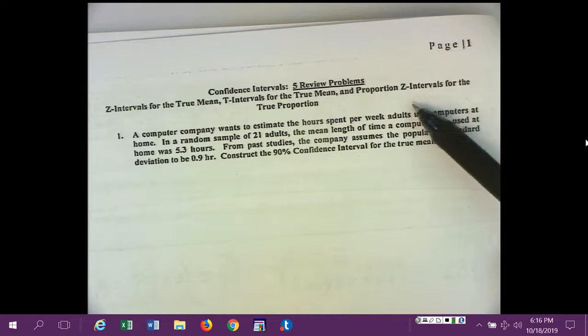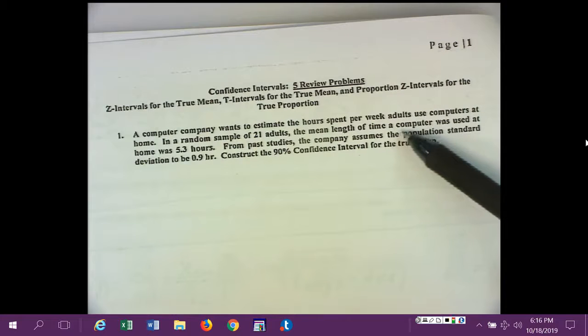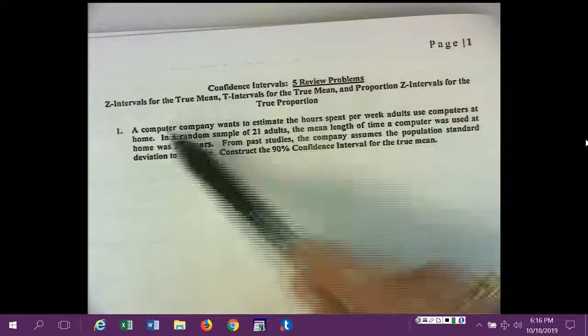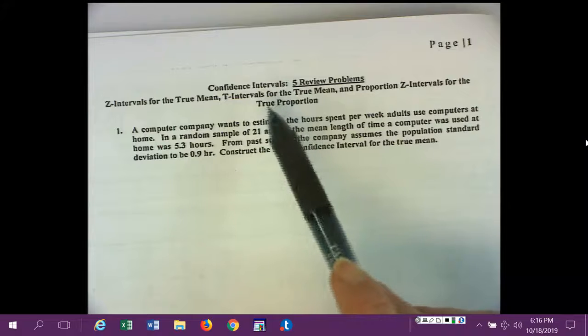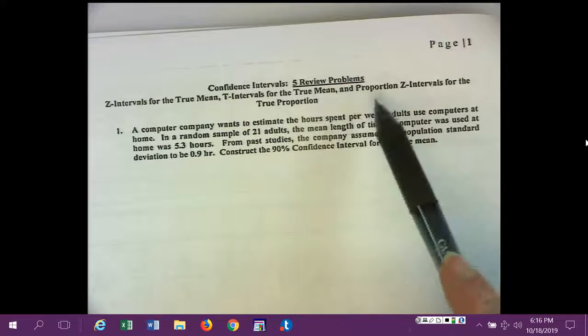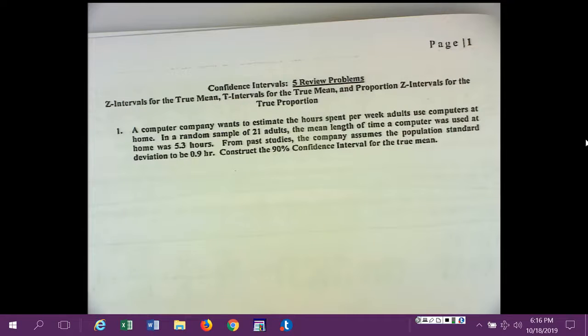It's going to introduce a whole new distribution called a chi-square distribution and a chi-square table. Try these on your own. These 5 will either be a Z interval for the true mean, a T interval for the true mean, or a proportion Z interval for true population proportion.